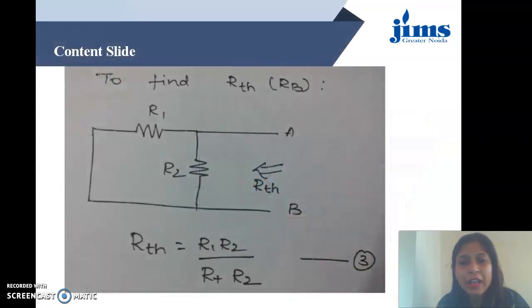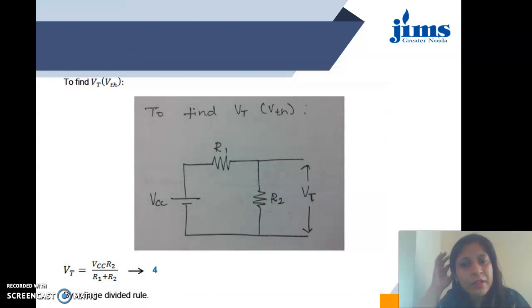So RTH, the Thevenin resistance, is given as R1 into R2 upon R1 plus R2, where R1 and R2 are both in parallel. Now we will find the value of Thevenin voltage Vt. Vt is the voltage taken across the Thevenin resistance terminal, the terminal from where the Thevenin resistance was derived.